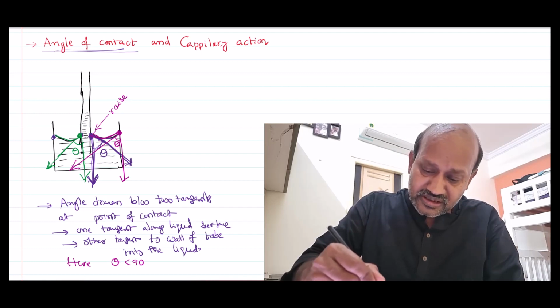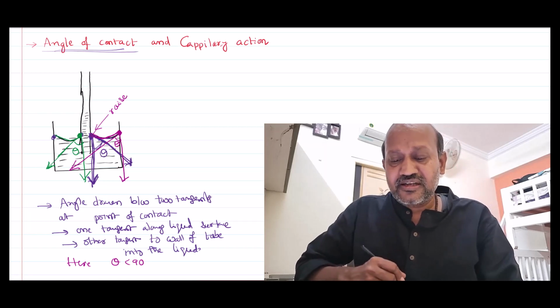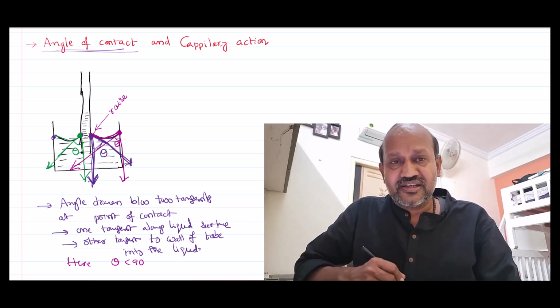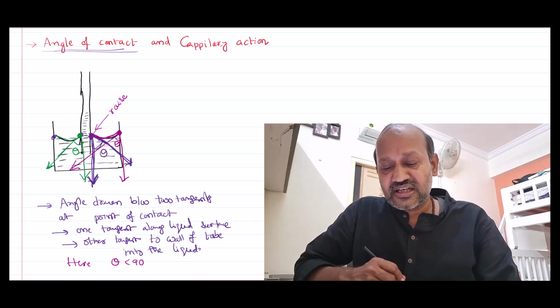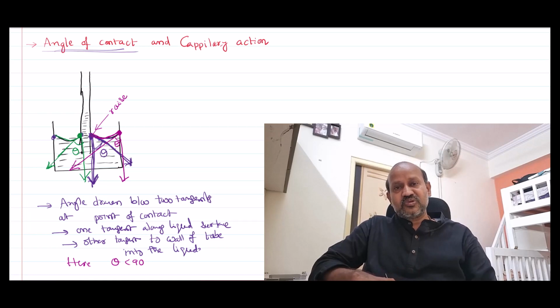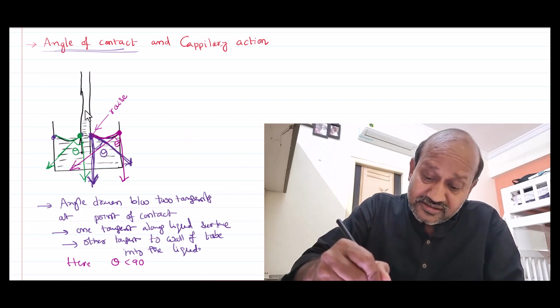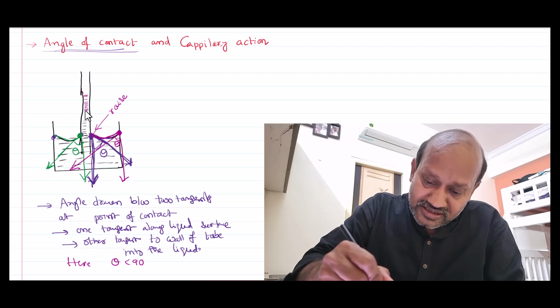What do you mean by that? Here at the point of contact, the liquid is more attached to the solid. That's because the force of attraction between the solid container and the liquid, which is called adhesive force, is stronger than the cohesive force of attraction between the liquid molecules. Because of that, as adhesive force is more, the liquid in this capillary tube has risen.